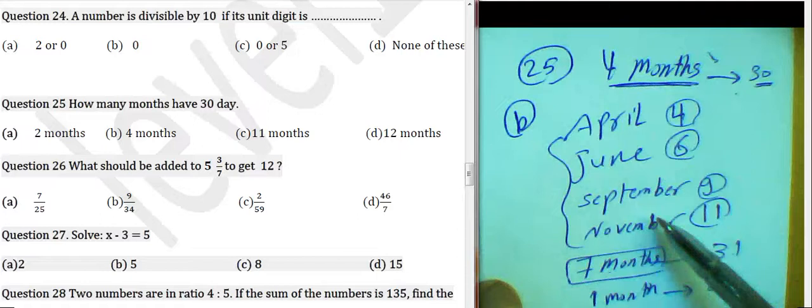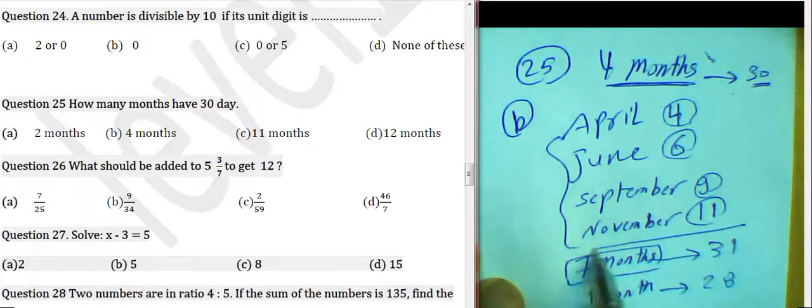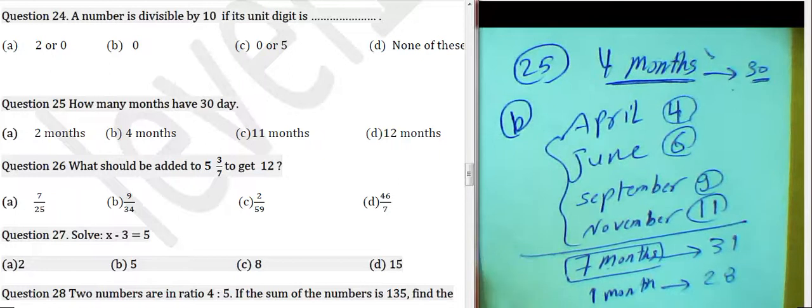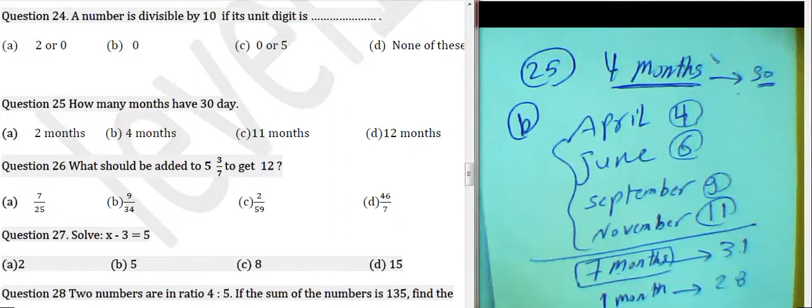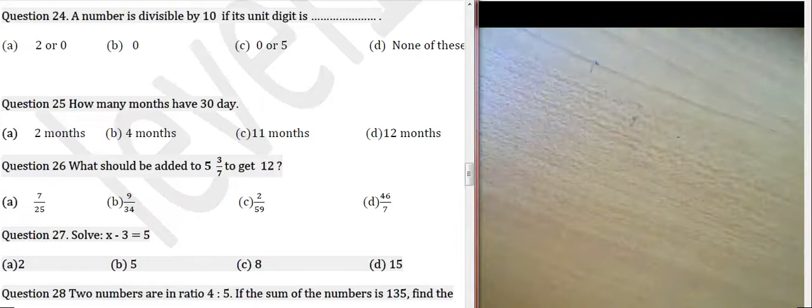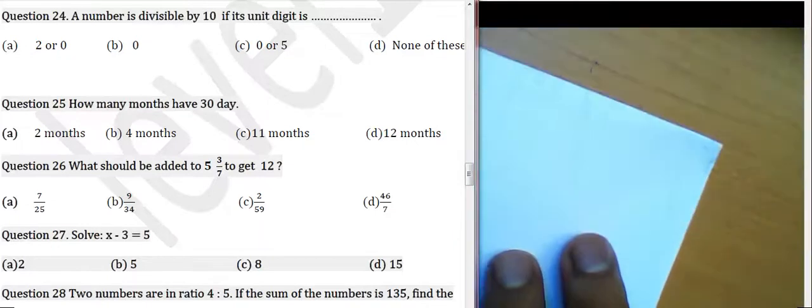We have 4 months, each of them has 30 days. So we must choose letter B. Okay, understood this question? He asked how many months have 30 days. Question 26.